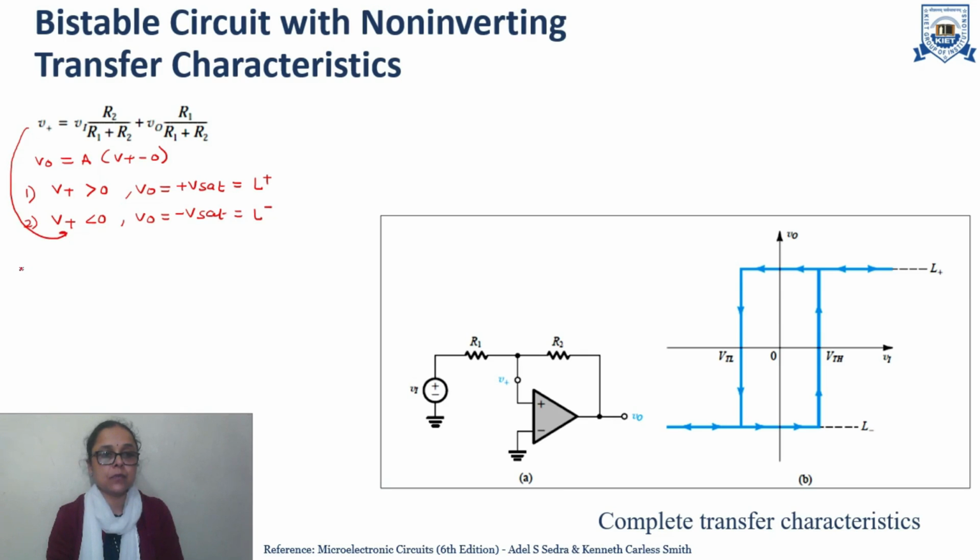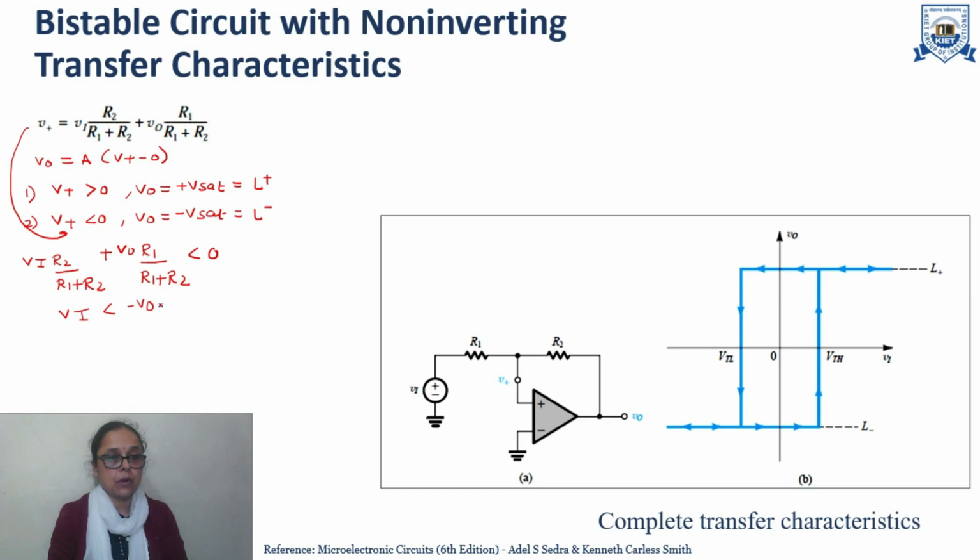So, we will get Vi R2 upon R1 plus R2 plus Vo R1 upon R1 plus R2 should be less than 0. From here we get the condition Vi is less than minus Vo R1 by R2, or it can be written as, with Vo as minus Vsat, Vi is less than Vsat R1 divided by R2.